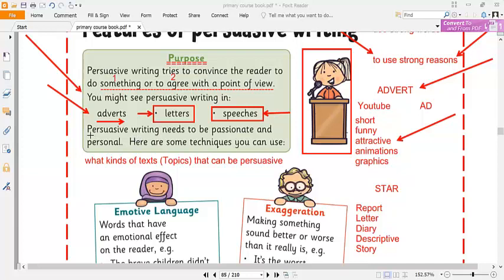Okay. Read these 2 lines, Sarah. From where? Somewhere from here, the last two lines in the book. Persuasive. Yes.